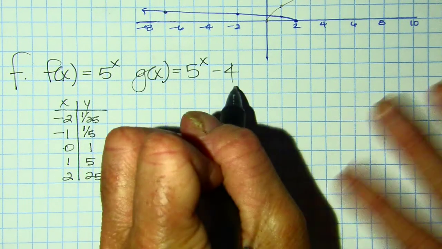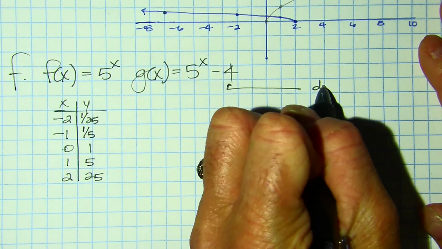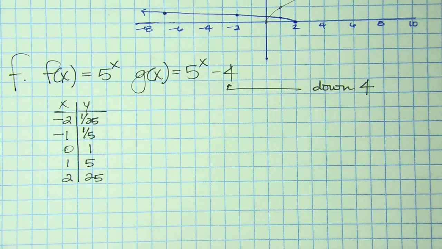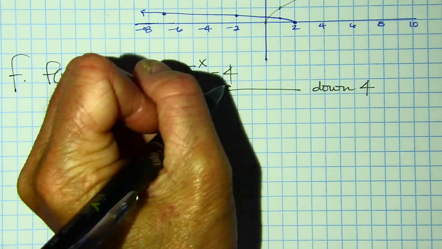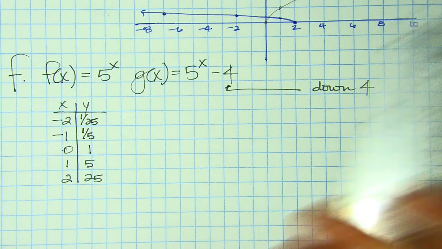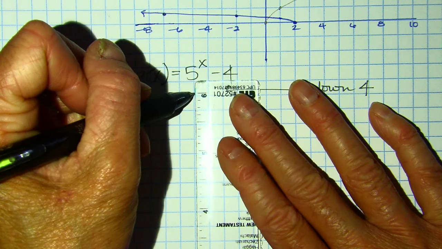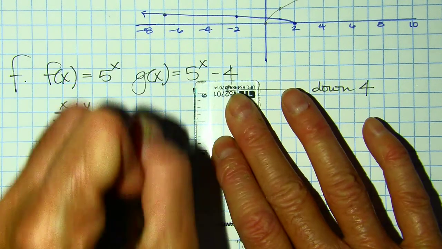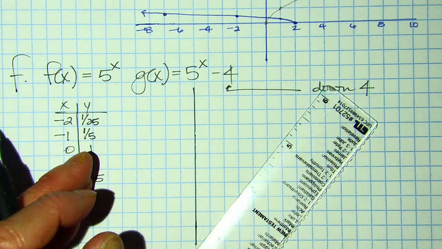Now, this is a shift down 4 because it's not next to x, it's on the outside. And so, again, you can confirm this in Desmos, but I'm going to try and graph this if I have enough space.